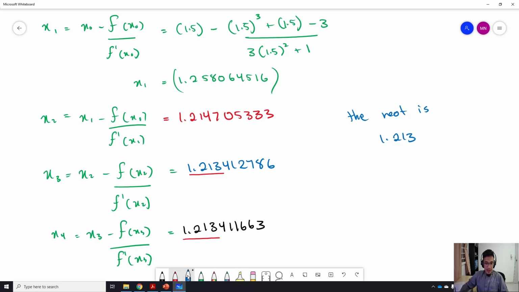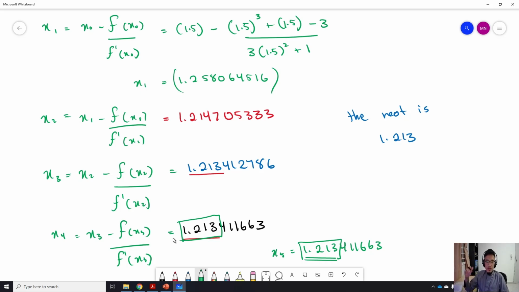If you go closer to alpha, let's say you want to find x5, I already calculated x5. So x5 is equal to 1.213411663. The first 3 decimal places are the same as those of x4. So the later digits are not important anymore, because the question only wants up to 3 decimal places, and you can neglect the other decimal places.